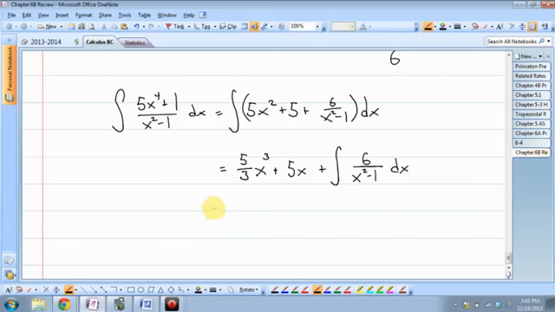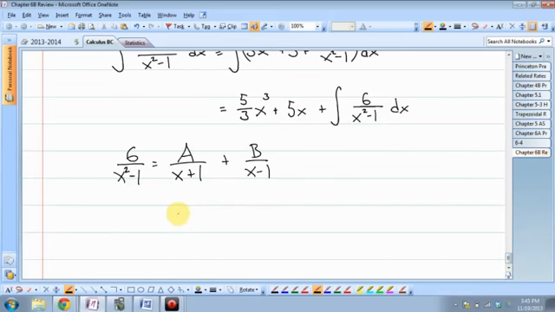So let's see, 6 over x squared minus 1 is a over x plus 1 plus b over x minus 1. So 6 is equal to a times x minus 1 plus b times x plus 1.